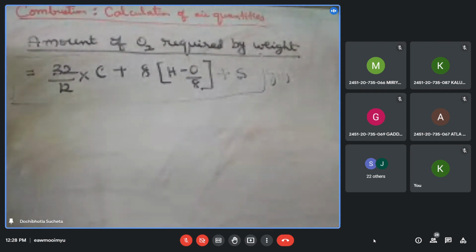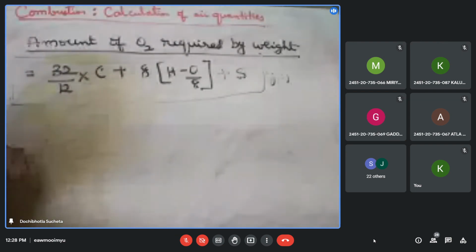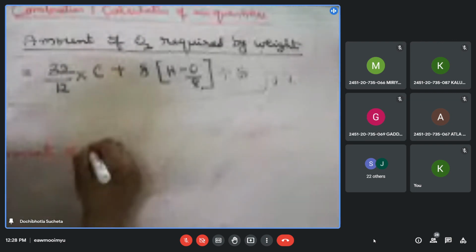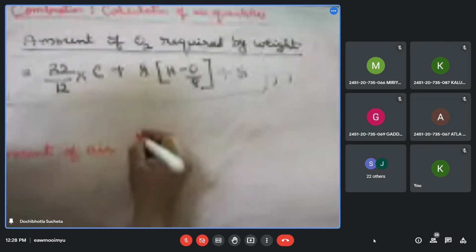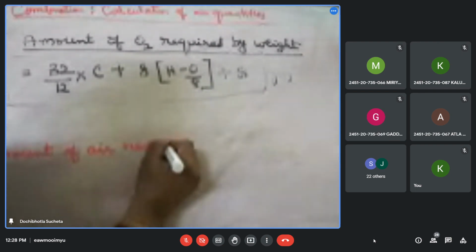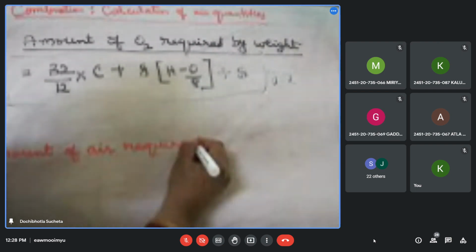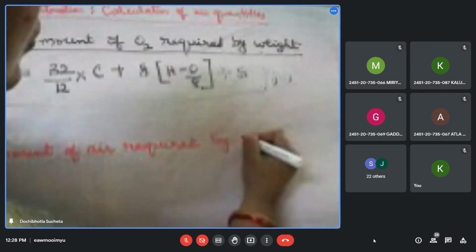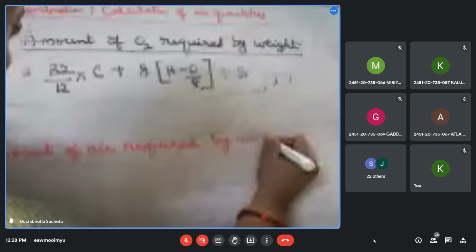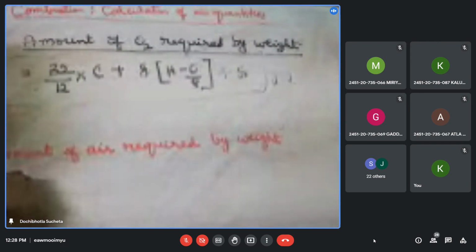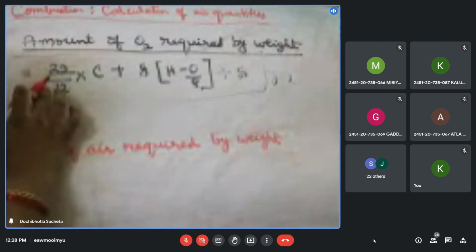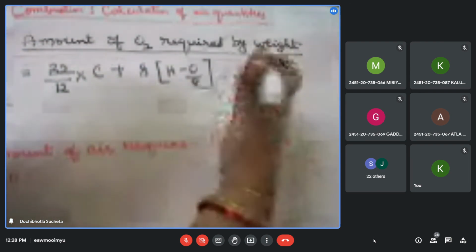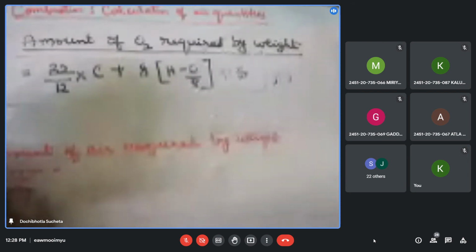Formula for amount of air required by weight. Obviously, amount of air and so many grams of oxygen, I know that it's 100 by 23.